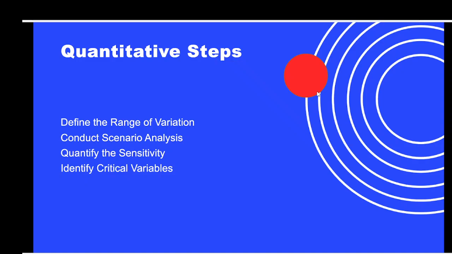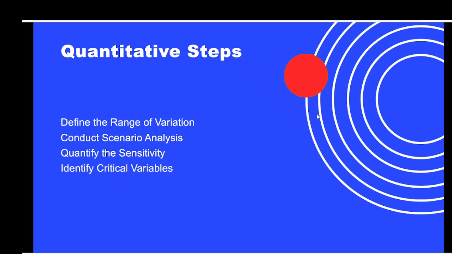We calculate the magnitude of change in the output variable in response to the change in the input variable. For sensitivity analysis, we can calculate a sensitivity coefficient, which measures the percentage change in the output for the input.